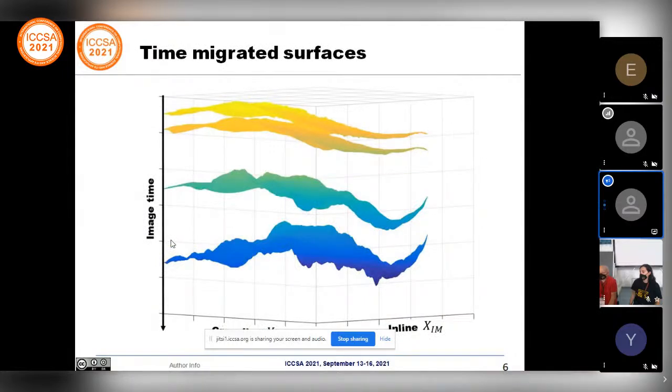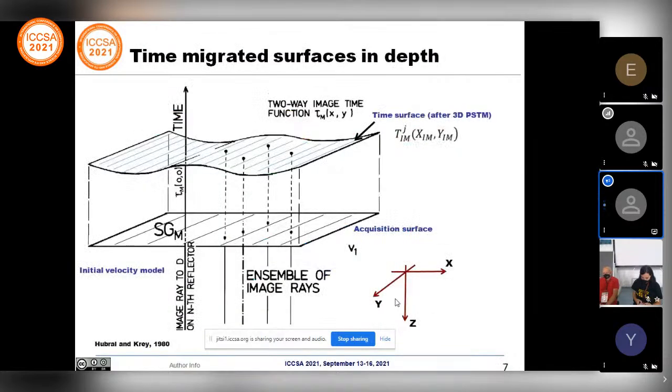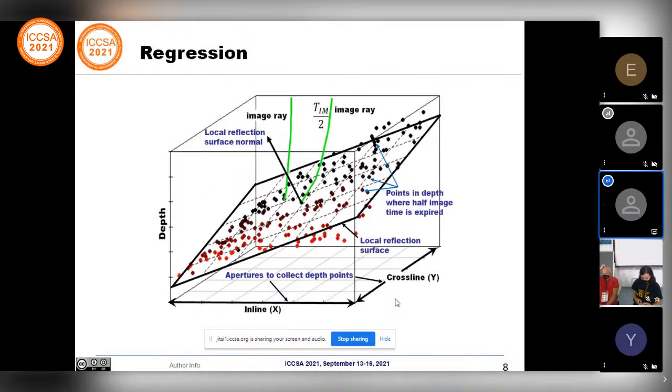The ingredients of our approach are a number of time-migrated surfaces, some examples of which are shown here, and cubes of stacking velocities. Using this information, we can approximate real travel times of real arrivals. Here is some explanation of our method, but I'm not sure that I need to go into details.